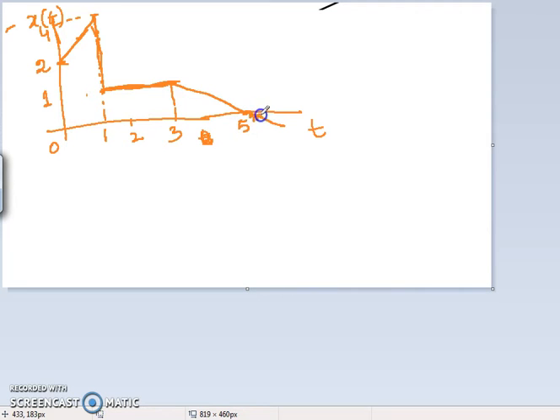I'm sorry, it should not be there. At value 5, it is touching the time axis, and then the value remains at 0. Okay. So this is our pattern. So we have to give the mathematical expression for this type of pattern.